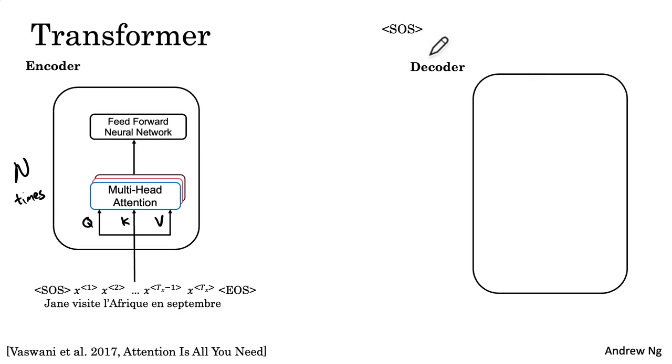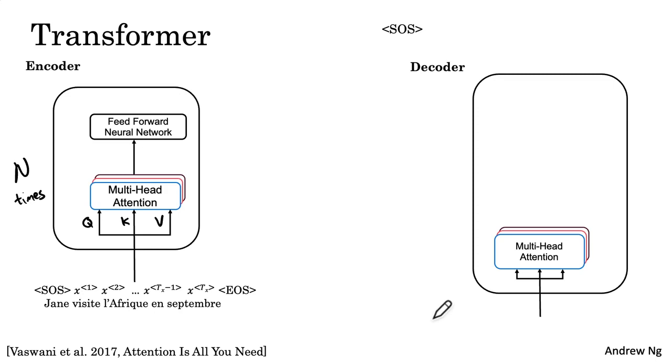And the decoder block's job is to output the English translation. So the first output will be the start of sentence token, which I've already written down here. At every step, the decoder block will input the first few words, whatever we've already generated of the translation.